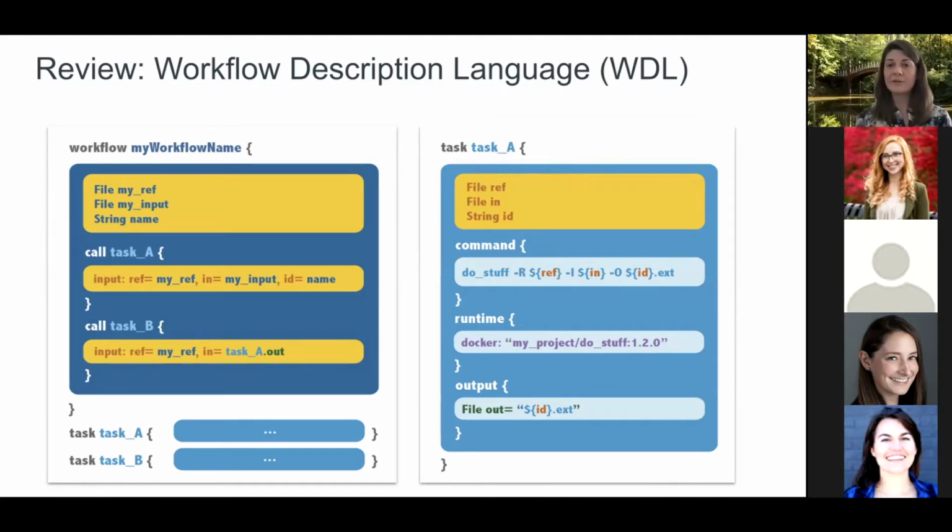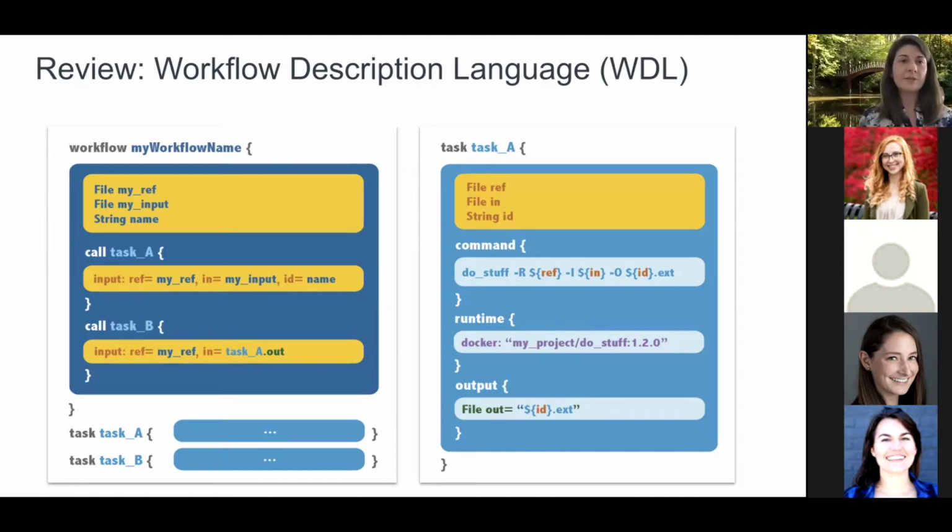This is very similar probably to some command lines that you've used on your personal computer. It also has a runtime section where you specify, again, the Docker image that contains the software that you need. And it has an output section. So that's the high level of what a WDL script looks like and what it can do.